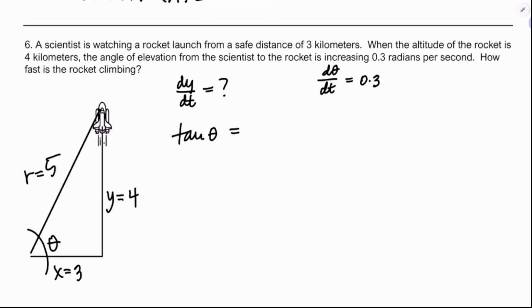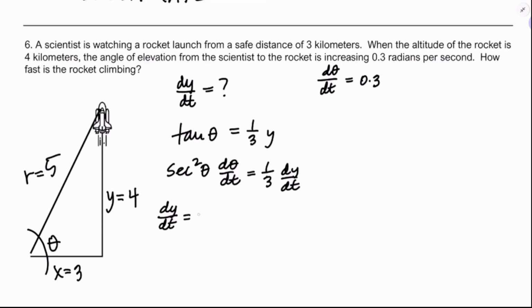Tangent of theta is y over x, but x is always 3, so it's going to be y over 3, or 1/3 of y. Take the derivative of both sides. dy dt is what I'm hoping to solve for eventually, so I'm going to just multiply both sides by 3.